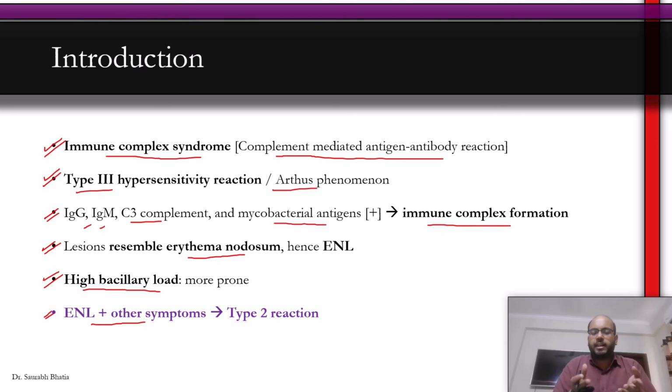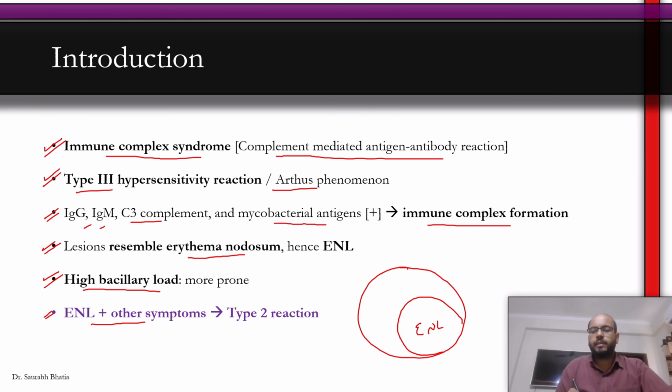So what I want to say is you have the entire spectrum, the entire cohort of symptoms of type 2 reaction, and a subset of that is ENL. So when we say ENL, we mean that the cutaneous plaques are known as ENL. If you add other symptoms like constitutional symptoms such as fever, joint pain and so on, then in totality that becomes type 2 reaction.